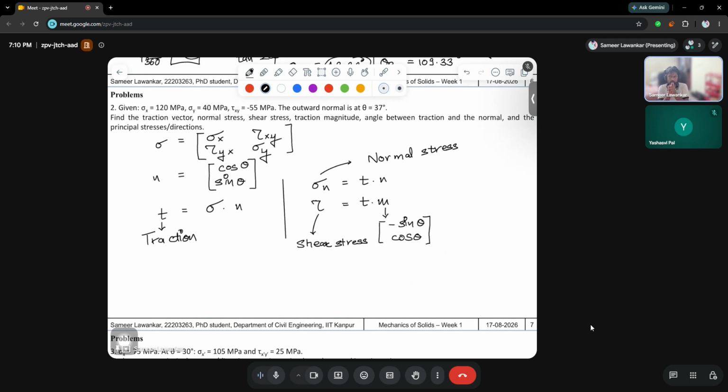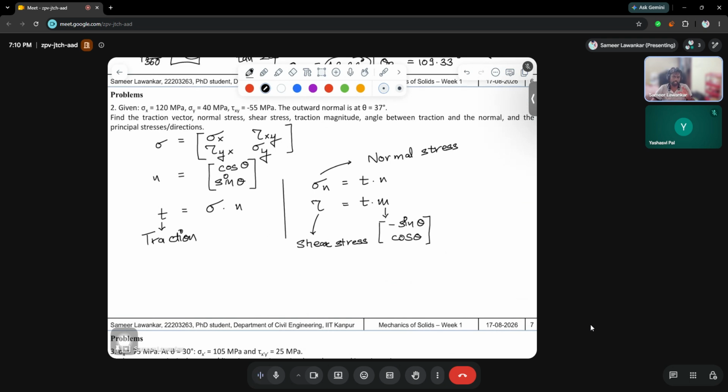So I hope you understood this. What we are trying to understand here is the basic meaning of the traction vector and its use. The traction vector is used to calculate the value of normal stresses and shear stresses. The plane was given to us, and the normal vector to this plane was given to us, with the orientation theta of 37 degrees with x, y, z.